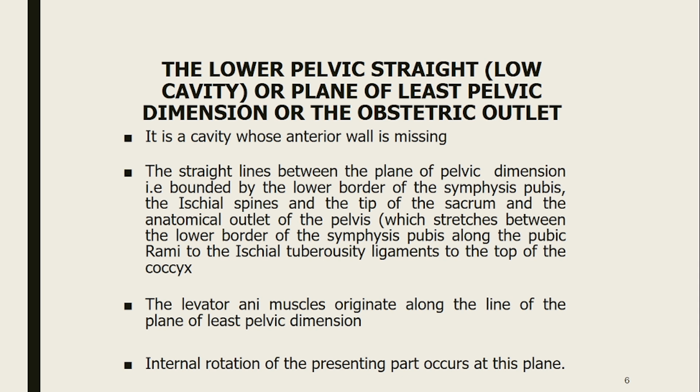The plane of least pelvic dimension is bounded by the lower border of the pubic symphysis, the ischial spines at the sides, and the tip of the sacrum posteriorly.